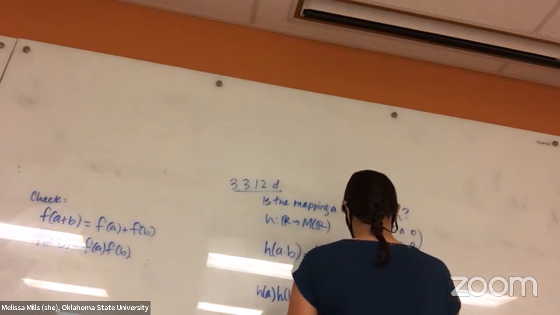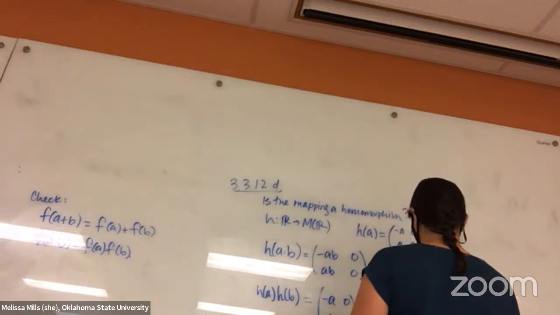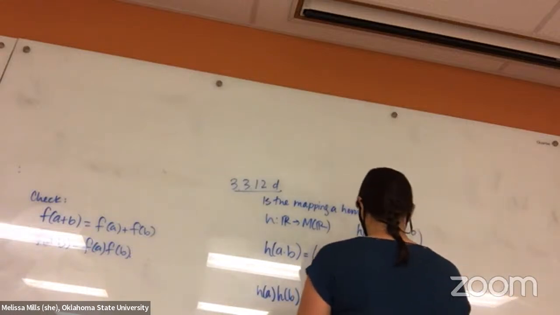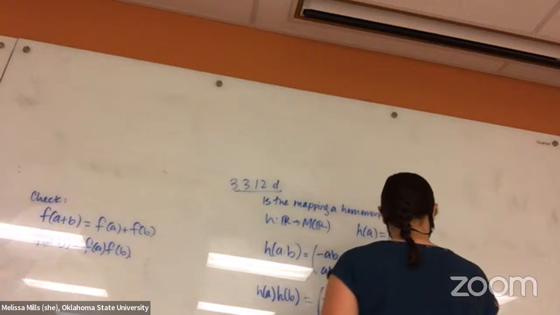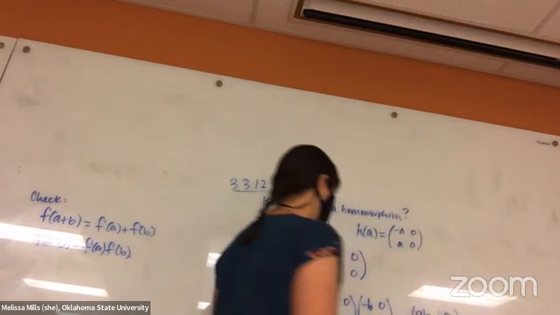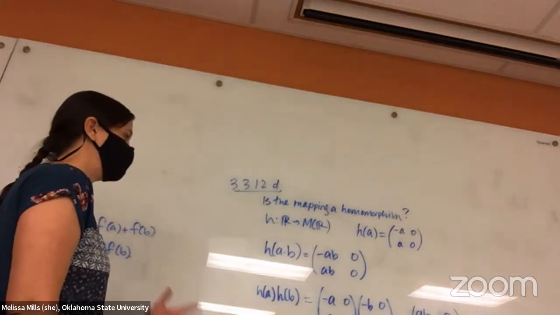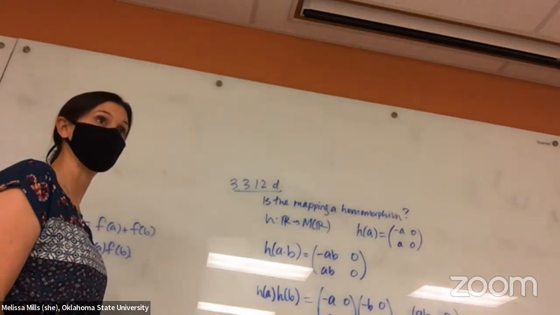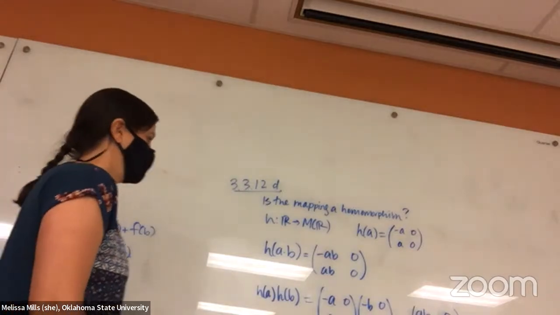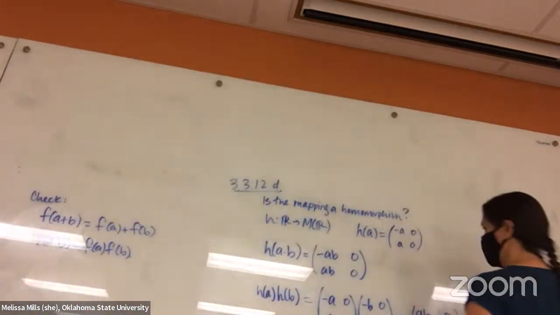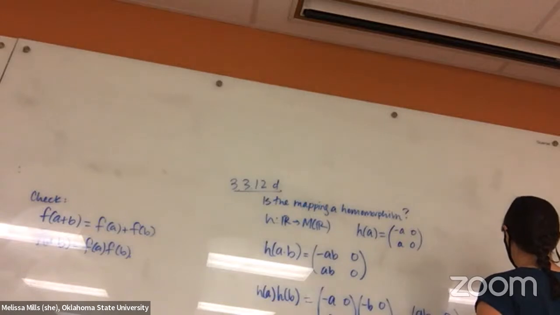And a times negative b is negative ab. So they're not equal. This one is not a homomorphism. Okay. So we can write it here, H of a, b.